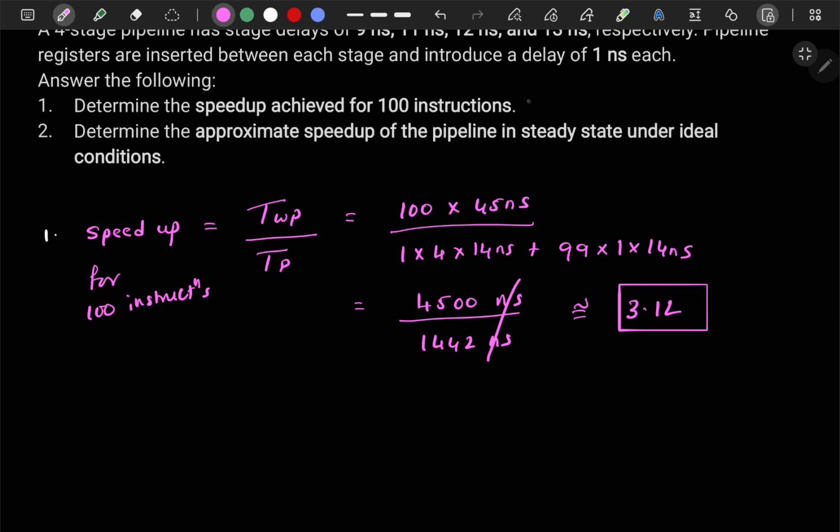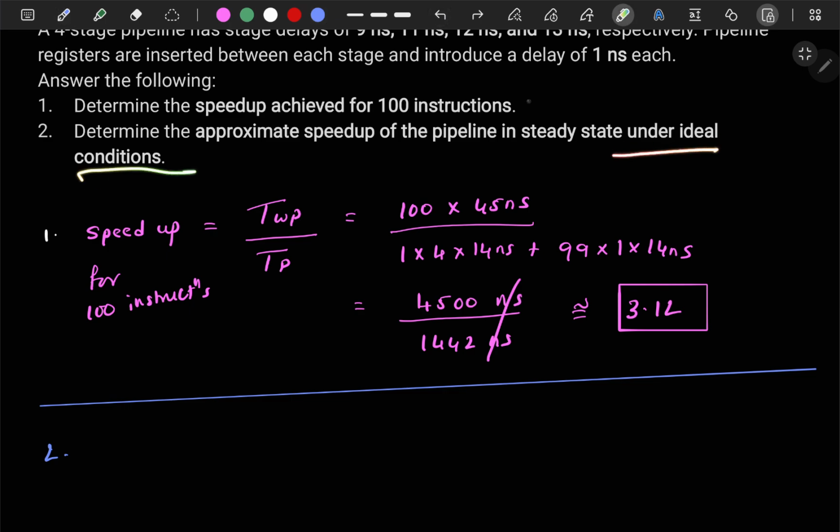Now what is the next question? Determine the approximate speed up of the pipeline in a steady state under ideal condition. Just mark this word: ideal condition. What is the ideal condition?